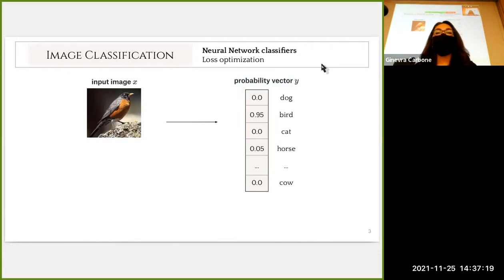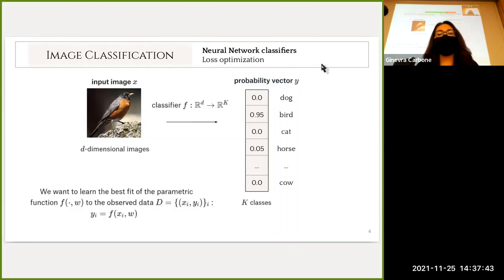So they represent the probabilities that this input image X belongs to each one of the classes. For example, in this case, we have a 95% probability of X being a bird and 5% being a horse. And how can we formalize this kind of reasoning?